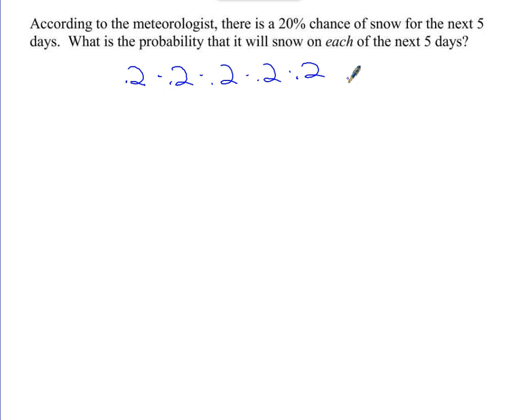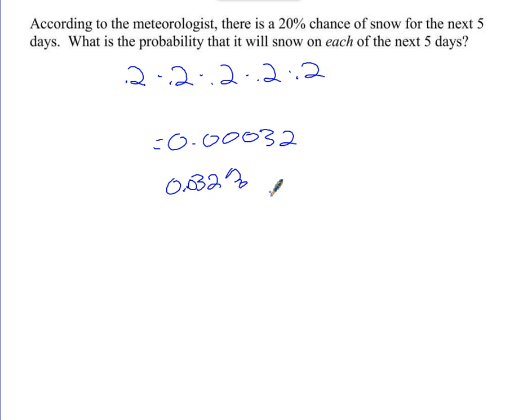When you multiply that out, what do you get? 0.2 to the 5th power, basically. So as a percent, that would be 0.032% chance that it will snow on all 5 days.